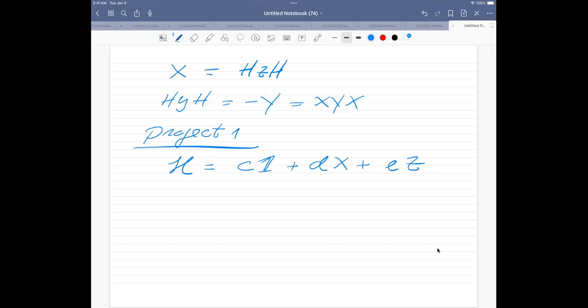Now, this was a 2x2 matrix. So what we did then was to rewrite the Hamiltonian matrix.